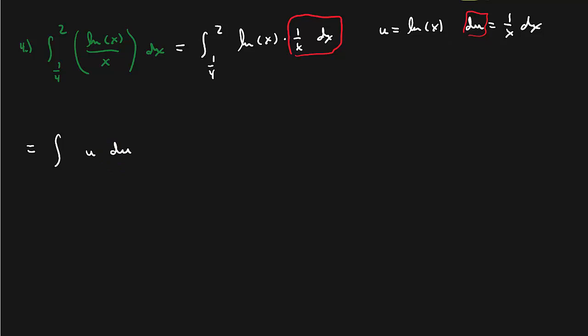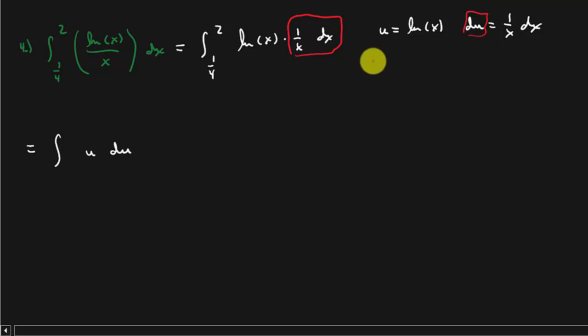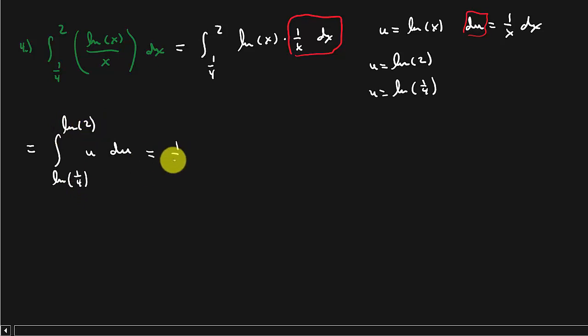Now let's change our bounds. So I've got u equals natural log 2 and u equals natural log 1/4. So we're going from natural log 1/4 to natural log 2. And so if we integrate, we're going to get 1/2 u squared from natural log 1/4 to natural log 2. Okay.